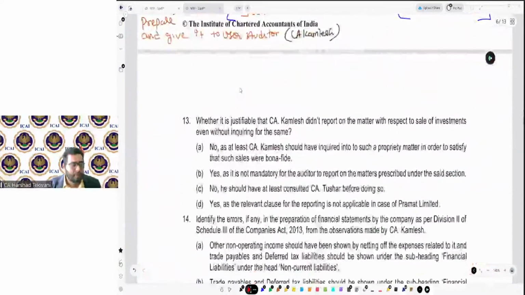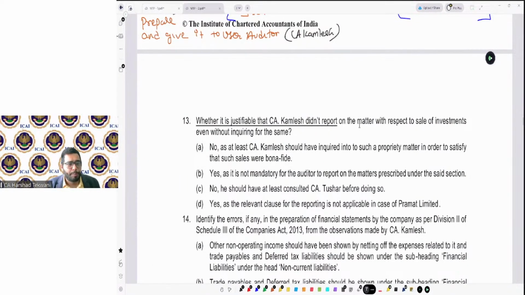Let's go quickly to the next question. The next question is whether it is justifiable that CA Kamlesh did not report on the matter with respect to the sale of investment even without inquiry for the same. We know the answer, it's pretty simple.